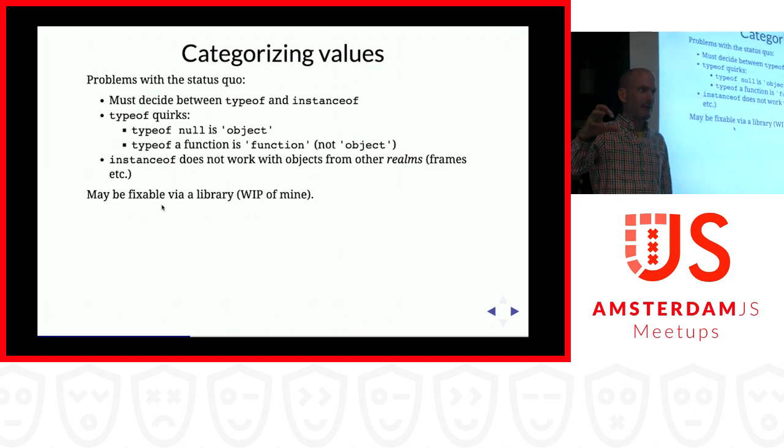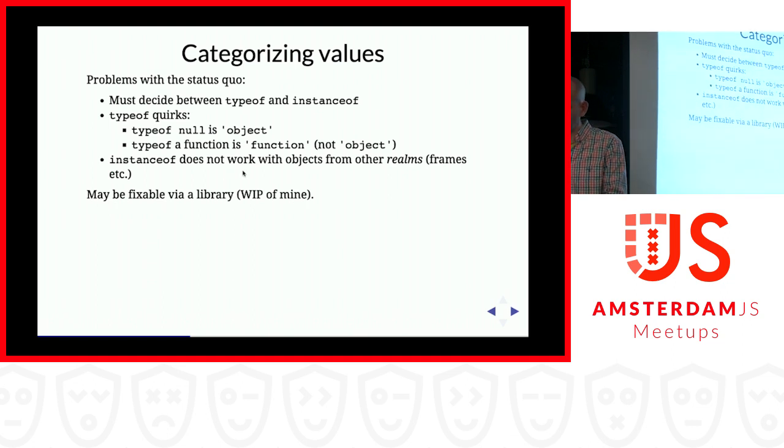If you receive a value from there and do an instanceof here, say instanceof Array, then you're using the local Array to check for this relationship, and that doesn't work for an alien entity. You shouldn't have to think about that; it shouldn't be something you have to know. I think that is possibly fixable via a library, but that's still something I'm exploring.